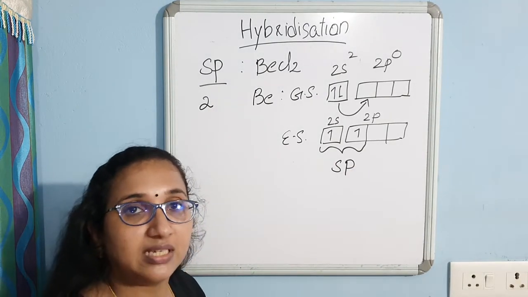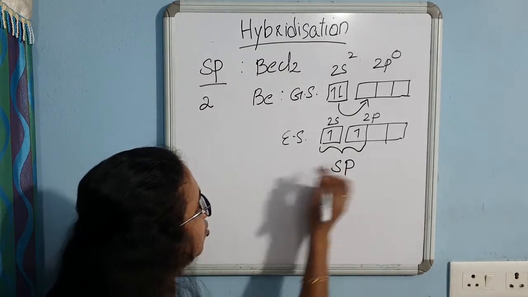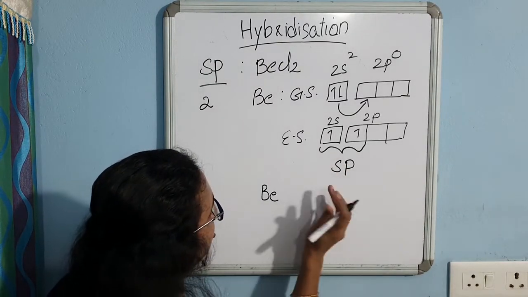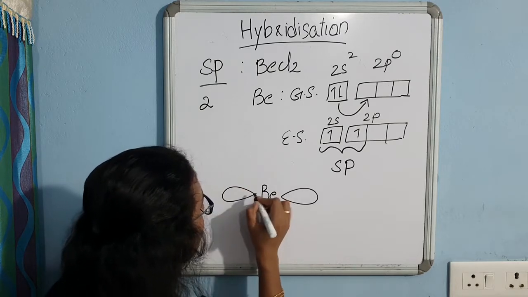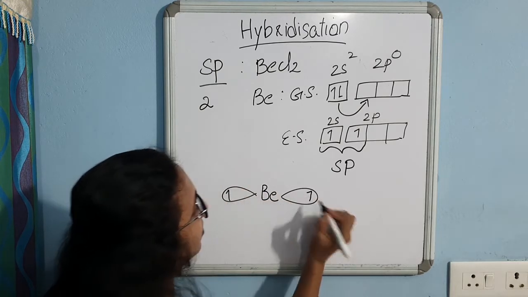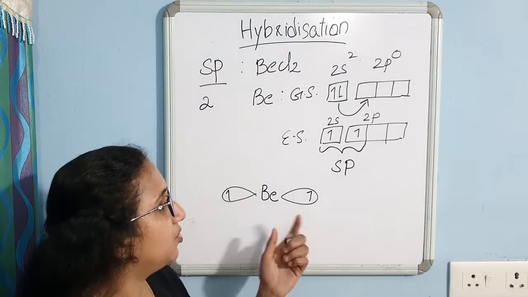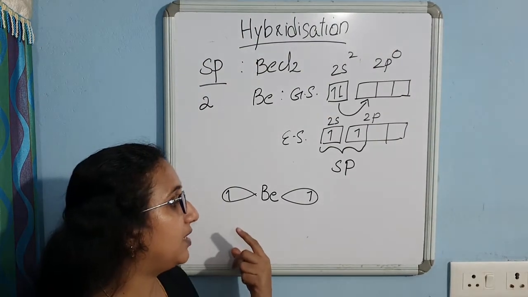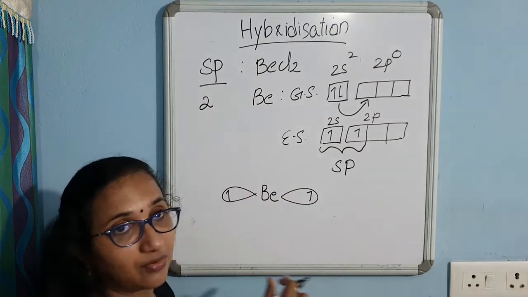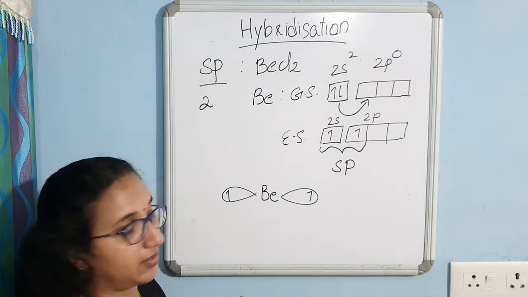Both these hybrid orbitals have the same energy and the same shape, and they are arranged around the beryllium atom in such a way that they have minimum repulsion, because both hybrid orbitals have electrons. So in order to reduce repulsion, the 2 hybrid orbitals arrange in a linear manner at a bond angle of 180 degrees apart.